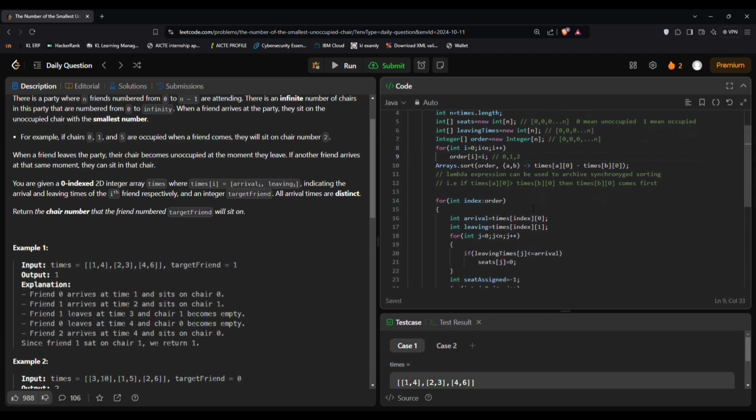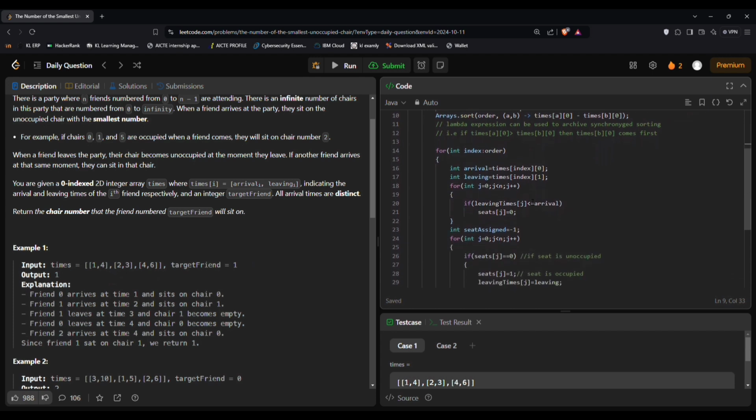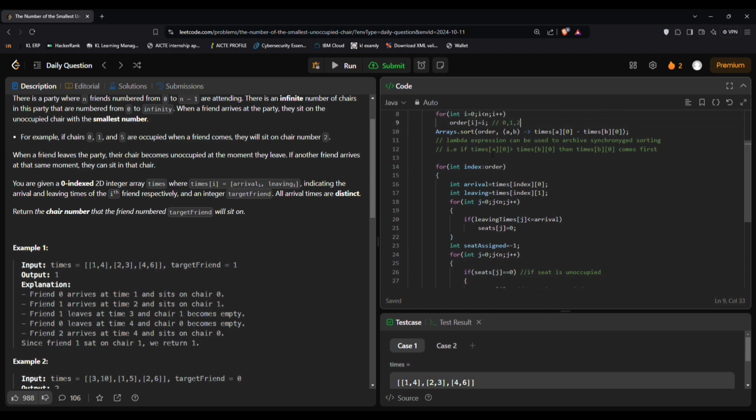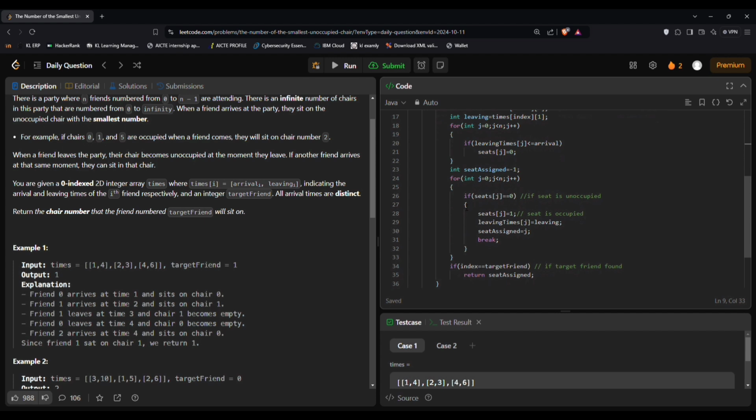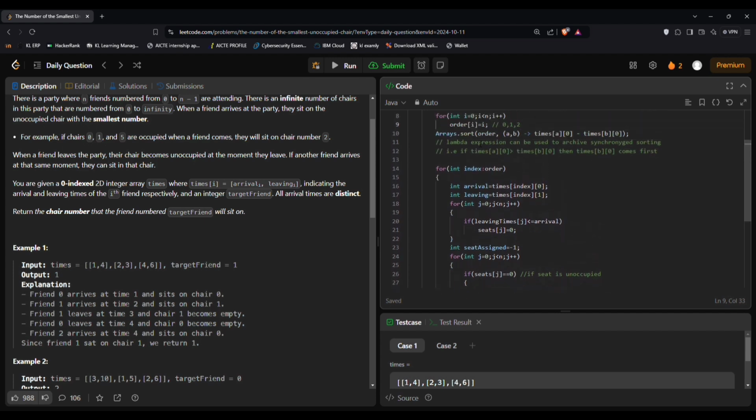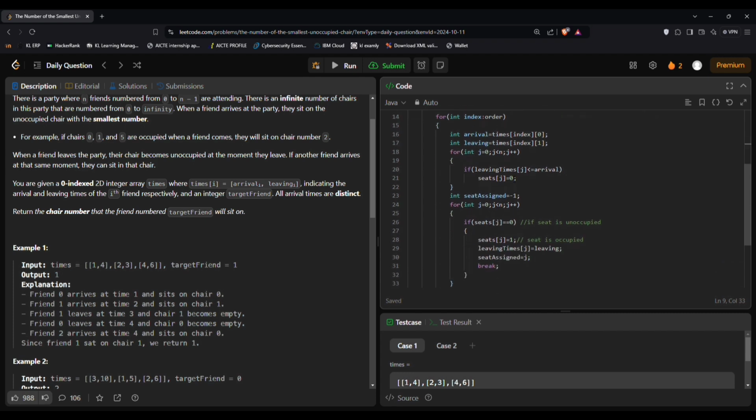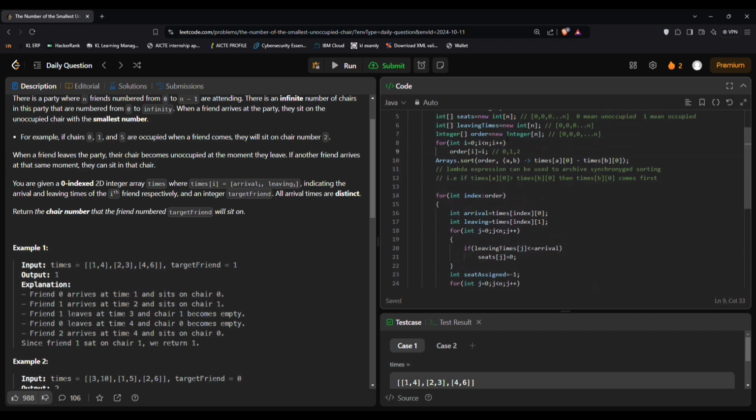So after sorting the order, each element is taken as the index using a colon operator in a for loop. The colon operator works like this: first 0 comes into the index and the operation is performed. When the operation completes, 1 comes into the index and the operation is performed again. After that, 2 comes into the index.